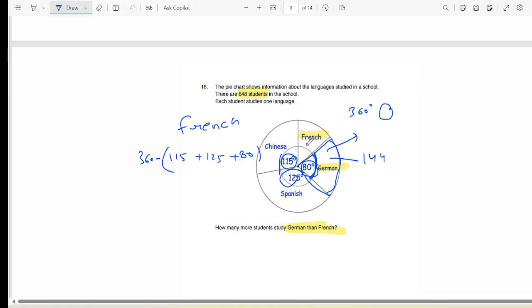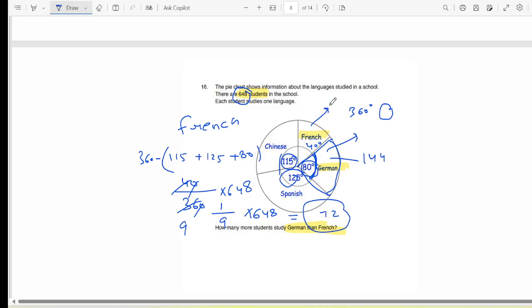So this is 40 degrees. Now I divide this angle by the whole angle, which is 360, and multiply by the total students, which are 648. If I just do the math, 4 times 9 is 36, 1 over 9 times 648 would give me 72. So there are 72 students that study French at school.